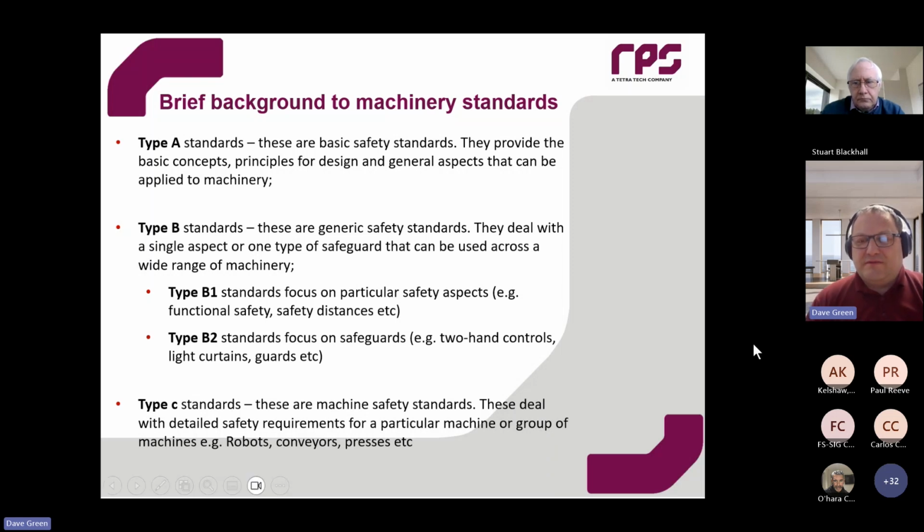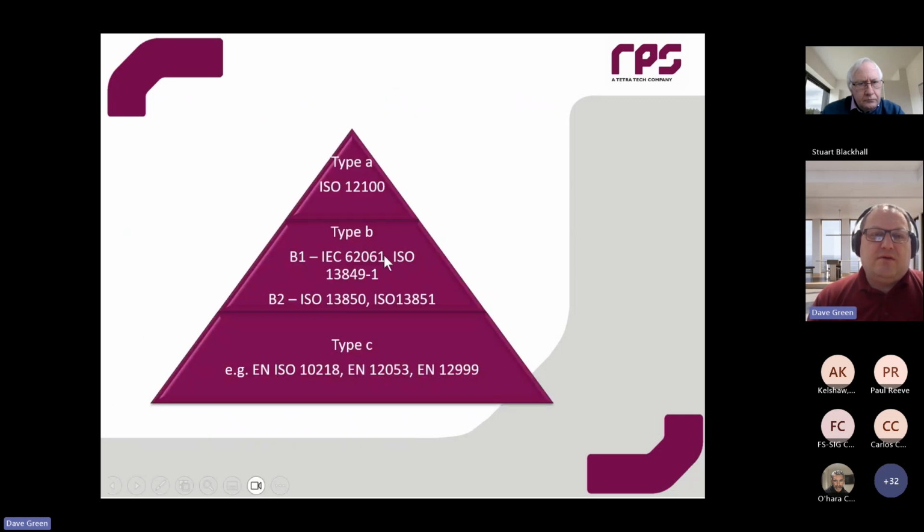It won't surprise you to find there are many standards in this area. So this is how they look with regards to a sort of triangle of control. ISO 12100, which is the risk assessment standard for machinery, is in the Type A box, with a couple of variants in there.